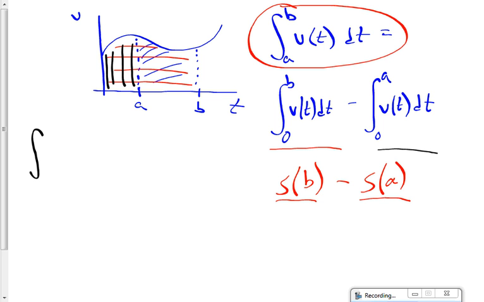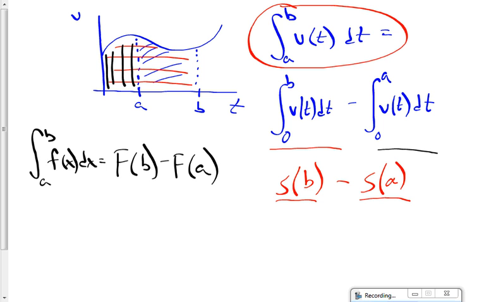A definite integral from a to b of a function is simply the area. I'm not going to do it this way. I'm going to skip that portion because that was part of the why. What I'm saying here is if f is velocity, capital F is displacement.